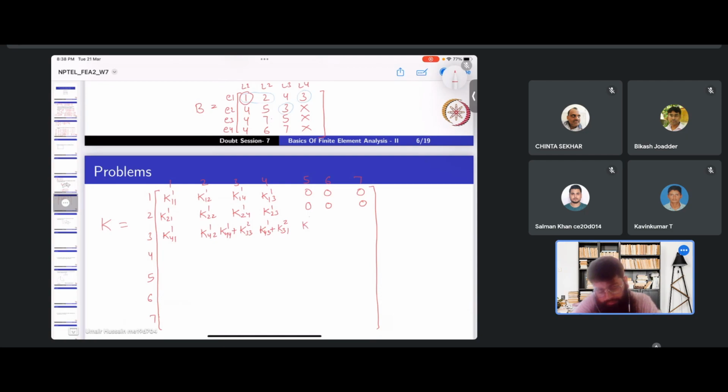So its contribution comes from element 2, and 3 is local node 3, 5 is local node 2. Now we have 3 6. In element 1, 6 is not there. In element 2, 6 is not there. And 3 is only in these two elements, so it's 0. And 3 7 also 0. Now 4 1.